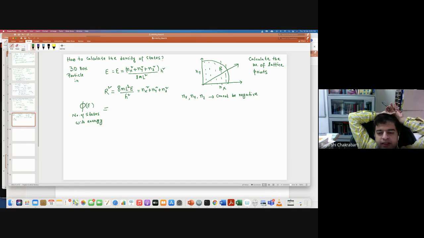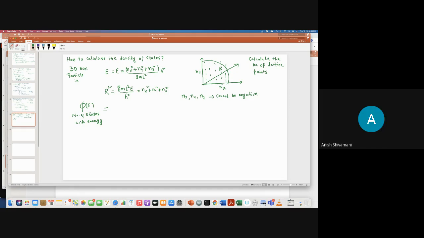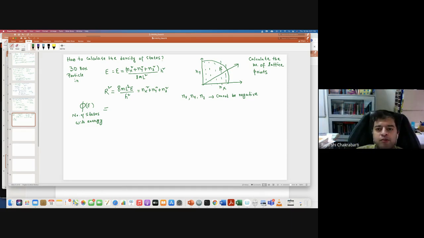So actually, if I can calculate the volume, as my R increases, the number of states should increase. So it should be proportional to the volume of this sphere. A very good way of writing would be 4/3 pi R cube.